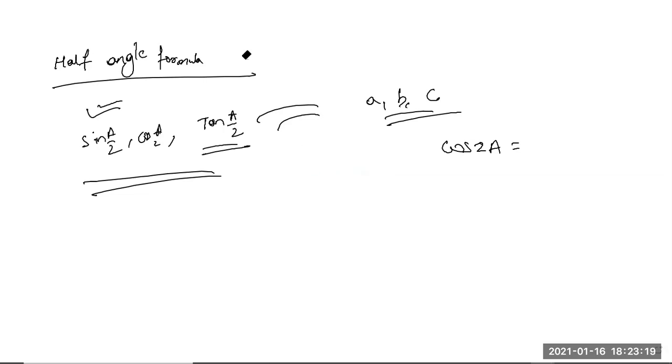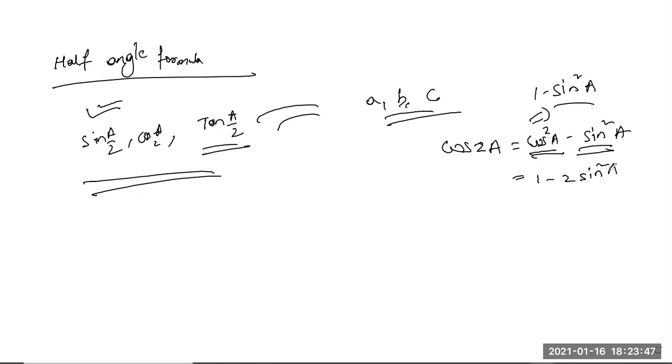Cos square A minus sin square A, right? This can also be written in terms of sin square A, as cos square A can be written as 1 minus sin square A, and there is minus sin square A, so this becomes 1 minus 2 sin square A, right?